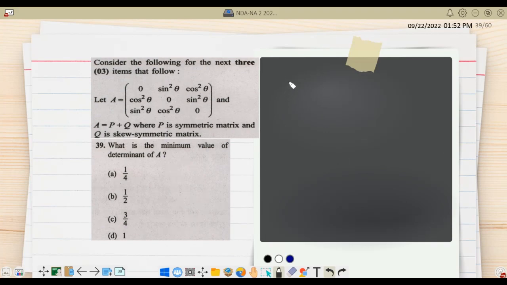So what is the minimum value of determinant A? So we're going to find the determinant of A. The determinant of A is going to be, first is going to be 0. So that has no value, plus sine square theta into 0 minus sine power 4 theta, which is going to be negative actually.